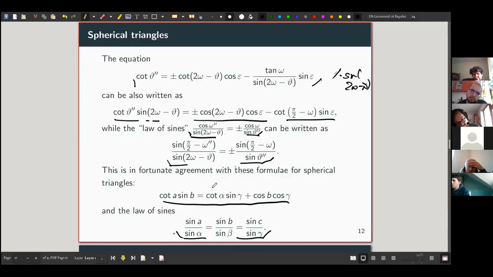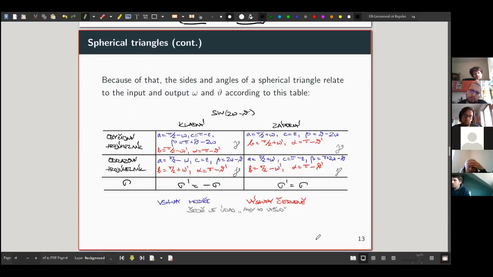And because of those two equations, we actually managed, or I managed, to just assign the parameters of the problem to the sides and angles of the spherical triangle. And then the problem could be actually solved by just chaining the spherical triangles.